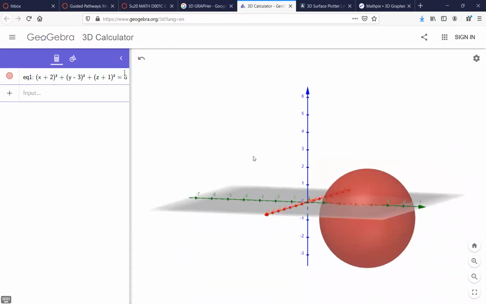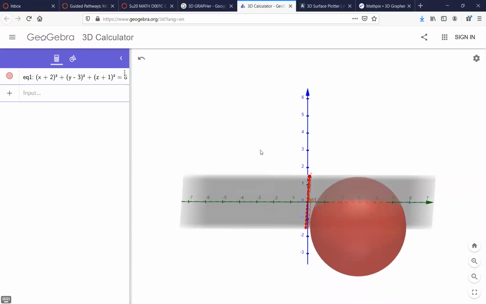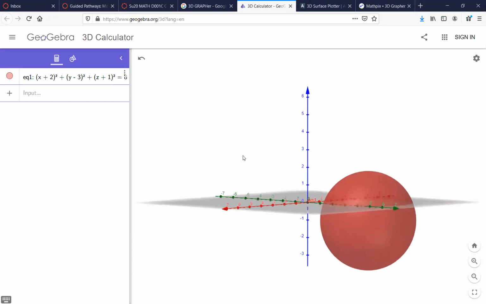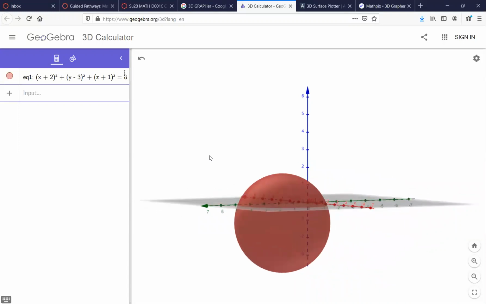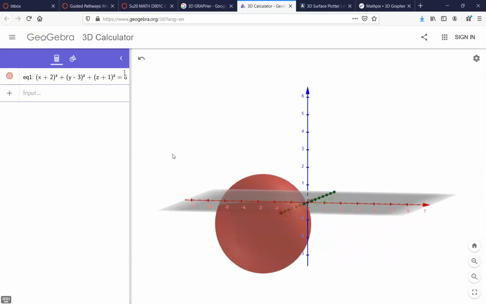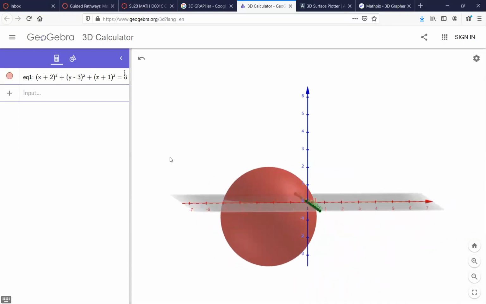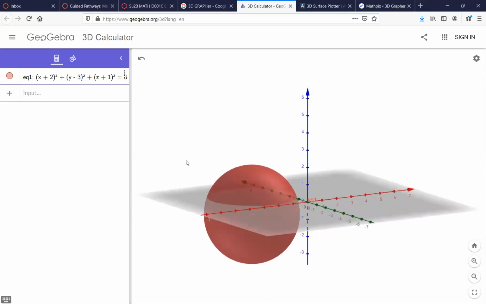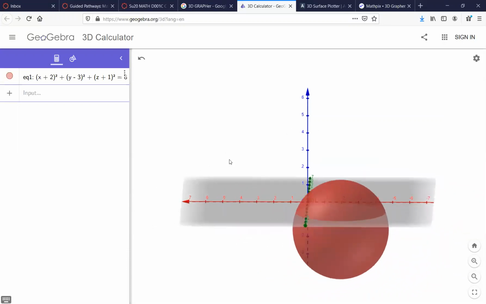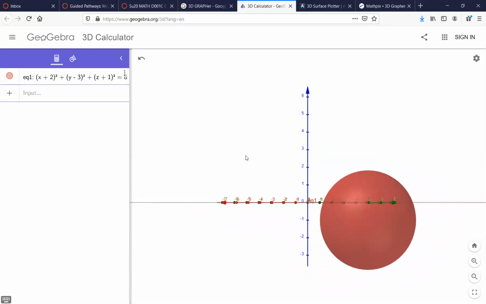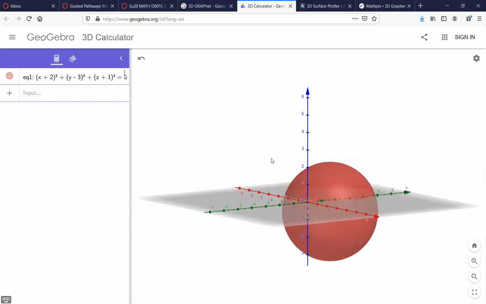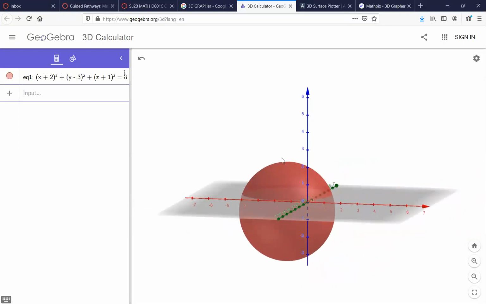The center of the sphere is (−2, 3, −1). You can actually just rotate this. And actually, you can see that almost the majority of this sphere is below the XY plane.